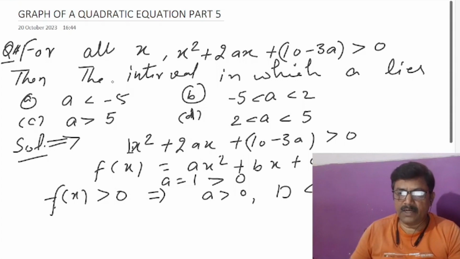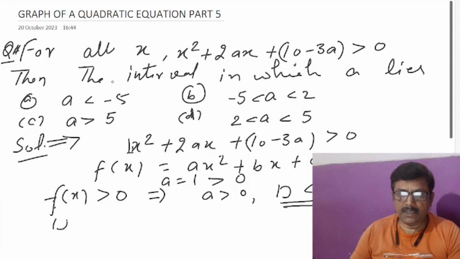You can see a is equal to 1, so a is positive. So we have to apply that the discriminant should be negative, because f(x) is given positive. So there are two conditions. One we know is true, a is positive, so we will apply the second condition.